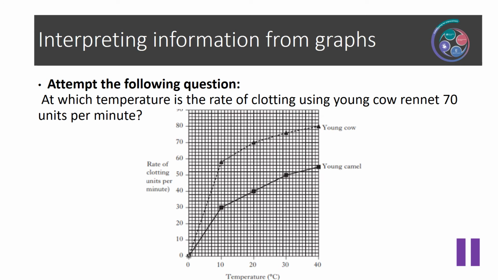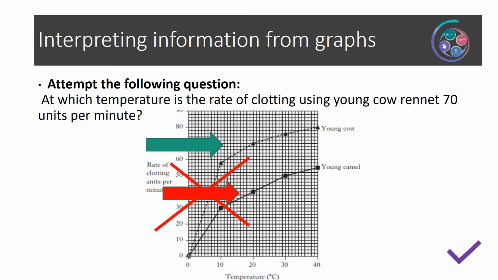So you need to look at the graph, look at which line is the young cow, and then find 70 in the graph and tell me what temperature it goes down to. I'd like you to take 3 minutes to have a go at this. Use the information from the question and the graph to help answer this question. 3 minutes, pause your screen now.